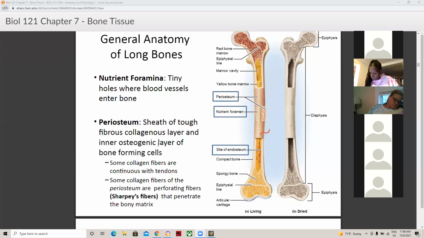Genesis means growth of new things, creation of new things. Genic means growth of new things. So osteogenic means growth of new bone. So the periosteum is this fibrous collagenous layer with an inner osteogenic layer of new bone forming cells.